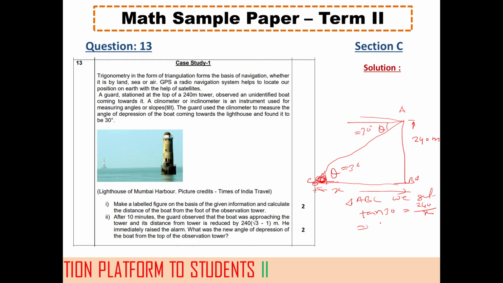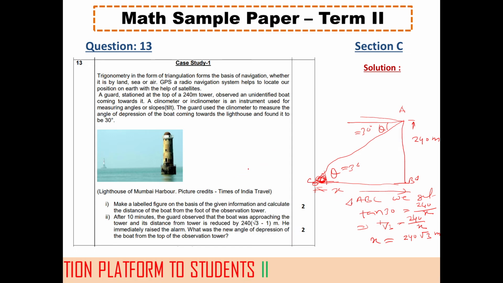Again tan 30 equals 1 by root 3. So 240 by x, and from here I can easily get the distance. The distance would be 240 root 3 meters. So the ship is at a distance of 240 root 3 meters from the lighthouse. So the first one is done.